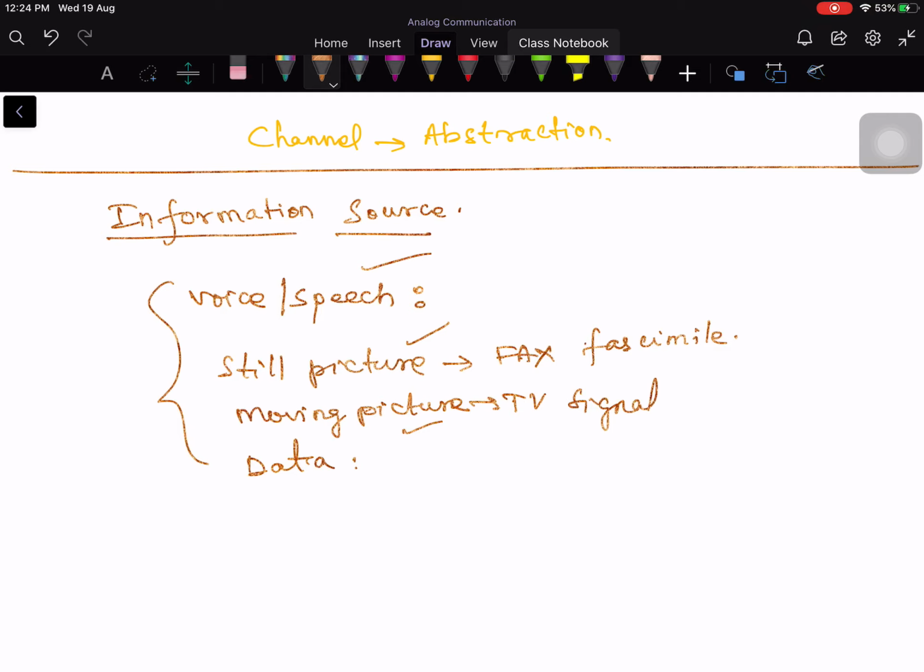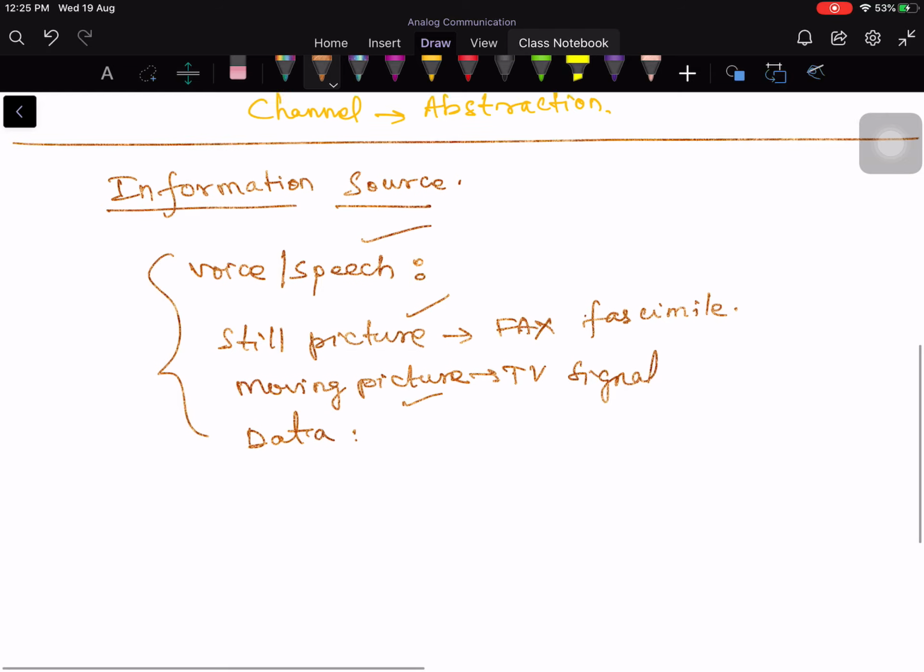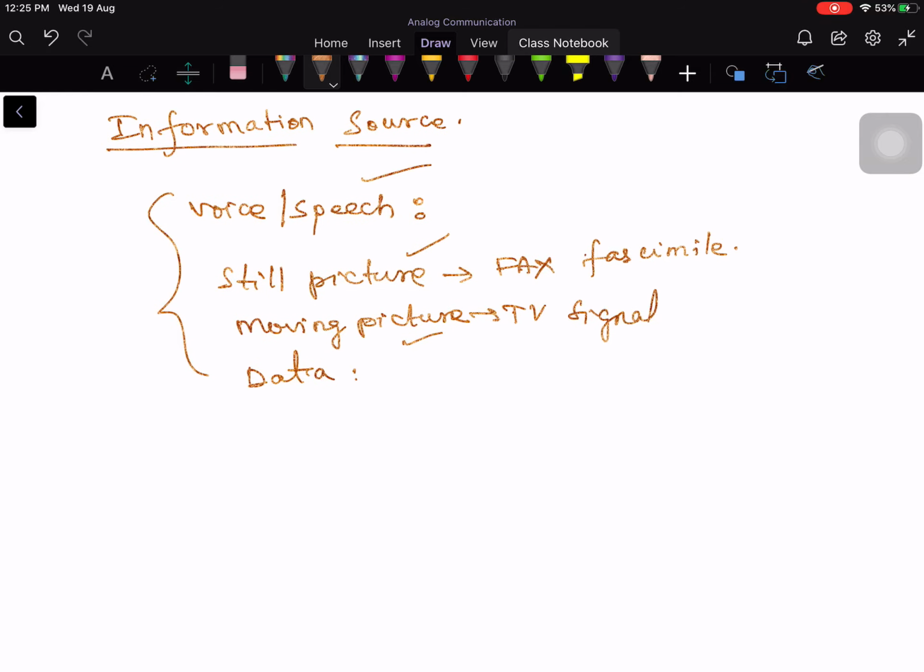It keeps on transmitting that information to an offshore station, maybe on a ship or on the shore itself. So it could be telemetry. There are many, or from space or some satellite or whatever it is. The communication can take place between the Earth station and the satellite. Like that you can list out many.